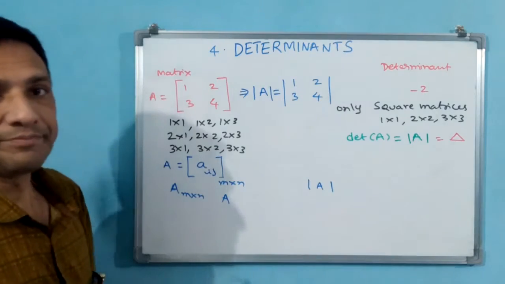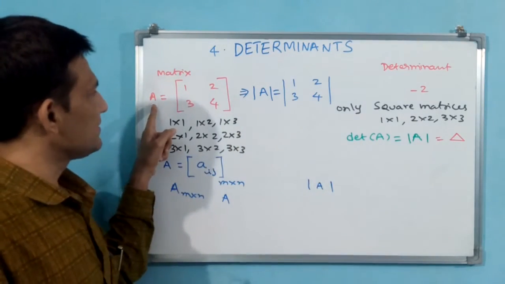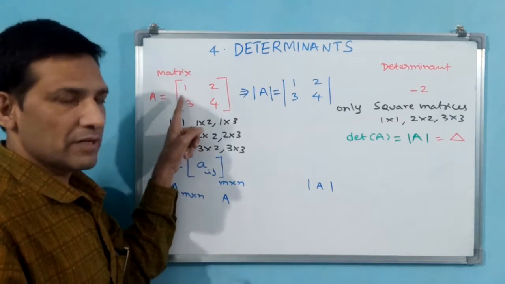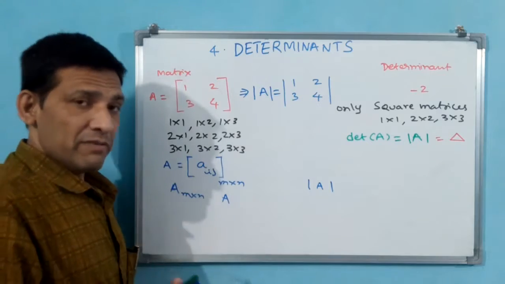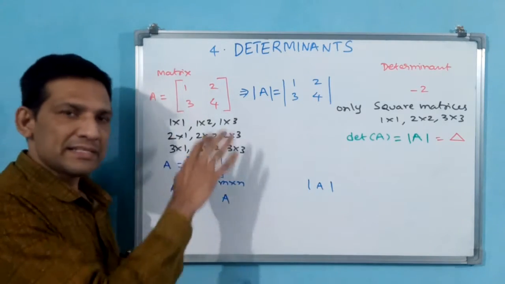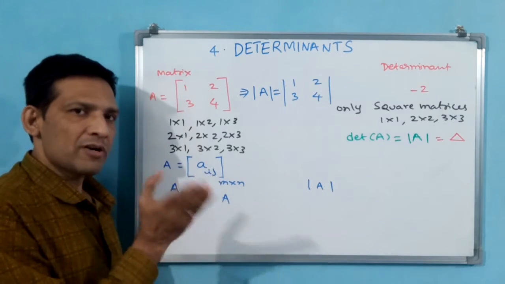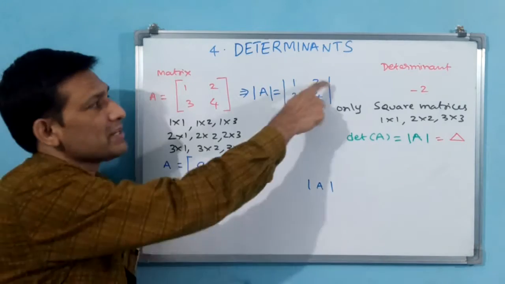Have you understood now? See, this is determinant, this is matrix. Matrix A is equal to [1 2; 3 4], under brackets. Even for matrix, we have studied that a matrix should be inside brackets only, not parentheses, not braces. Brackets only. And determinants inside lines.